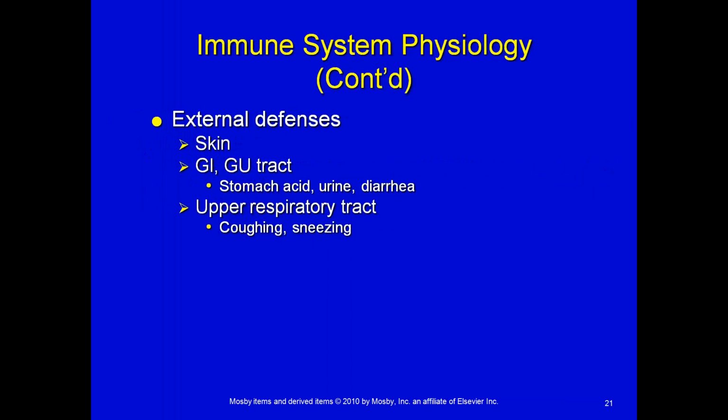You have stomach acid that kills a lot of these invading organisms once they're in the stomach, but if they come in large enough numbers, you may have some trouble killing these invading organisms with your stomach acid, and in those particular cases, you may try to remove them, as in the case of a urinary tract infection, where you urinate a lot, or as is the case with diarrhea.